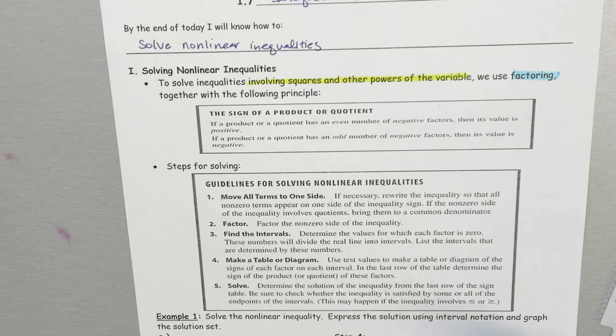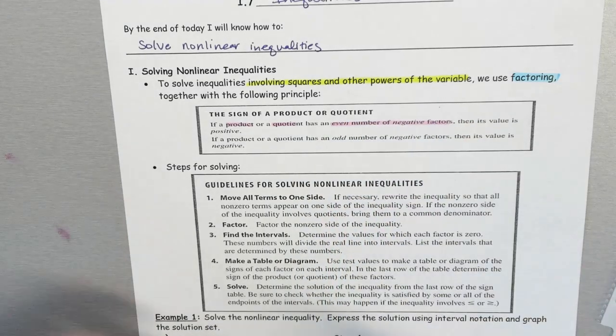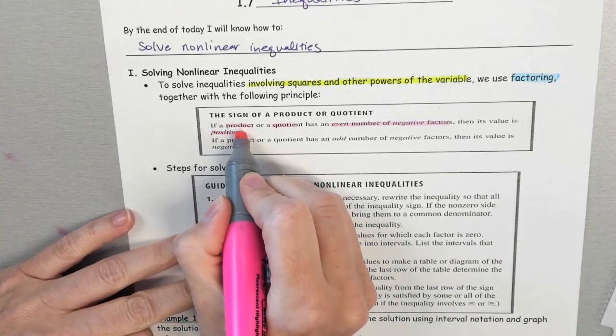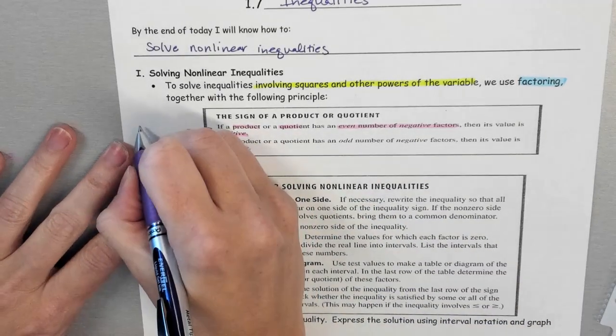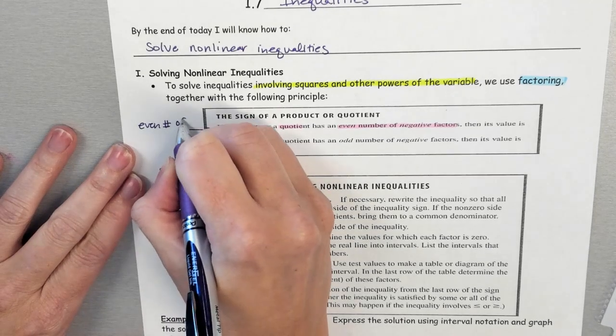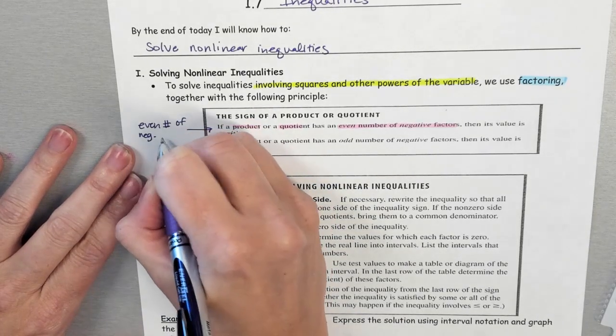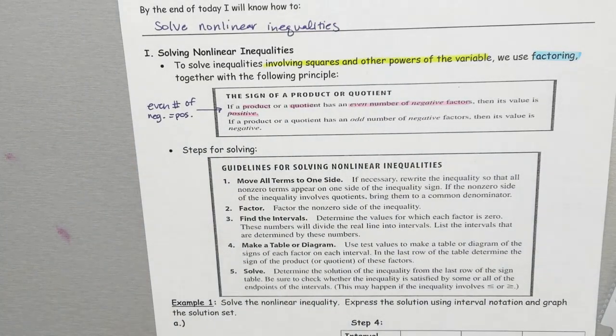Okay, so this says if a product or a quotient, so when you multiply or divide, has an even number of negative factors, then the value is positive. This is something that you guys already know, because when you multiply an even number of negatives, you always get what? A positive. So this is just saying if there's an even number of negatives, it's going to be a positive. Okay, that's all that is trying to say.